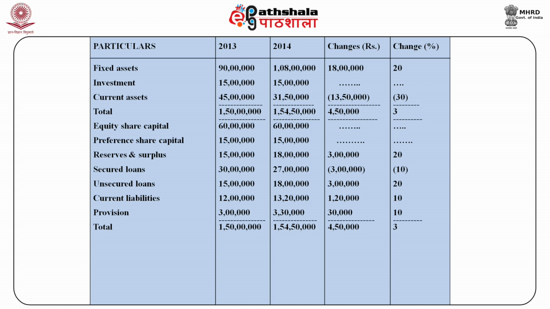They have also gone up from 3 lakh in 2013 to 3 lakh 30,000 in the year 2014, showing an increase of 30,000 with a percentage of 10% of the total. That means the liabilities are total of 2013 for 1 crore 50 lakh, and for 2014 they are 1 crore 54 lakh 50,000, showing an increase of 4 lakh 50,000, that is by 3% of the total.